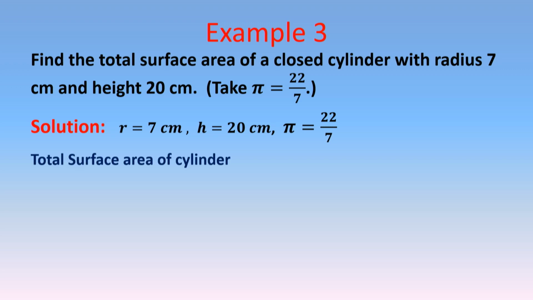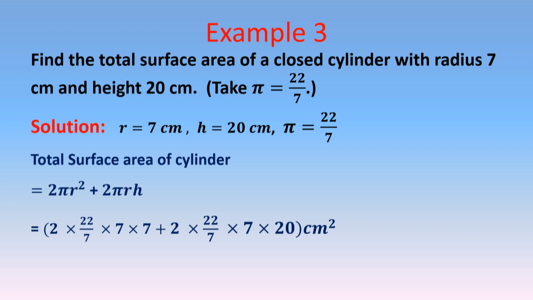So the total surface area of cylinder will be given by 2πr² plus 2πrh. Replacing the values, I will obtain 2 times 22/7 times 7 times 7 for radius equal to 7, plus 2 times 22/7 times 7 times 20, where the height is 20. Evaluating, I will get 1188 centimeters square.